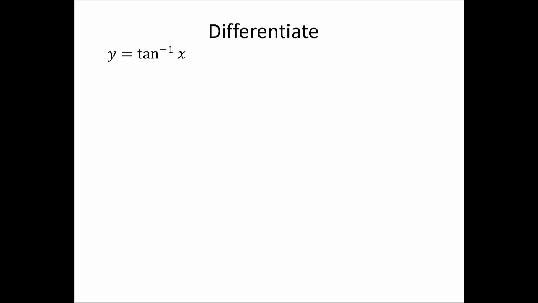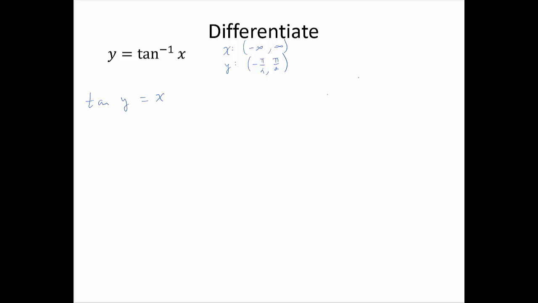If y is equal to tangent inverse x, recall then that x can be any number. x is anywhere from negative infinity to infinity, and y then is from negative pi over 2 to pi over 2. And if y is equal to tangent inverse x, then I can write that tangent of y is equal to x.